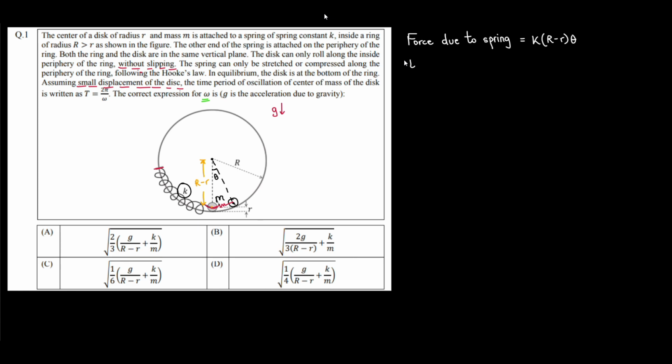So now let's write the torque due to spring acting on the disk about its instantaneous point of rotation, which will be equal to k into (R minus r) into theta into small r. Now gravity will also be acting on the disk, so the force due to gravity is equal to mg sine theta, just like what would happen on an inclined plane.